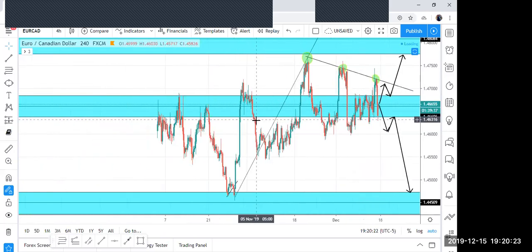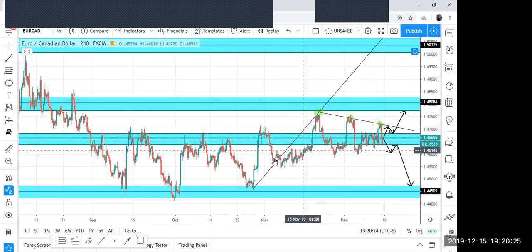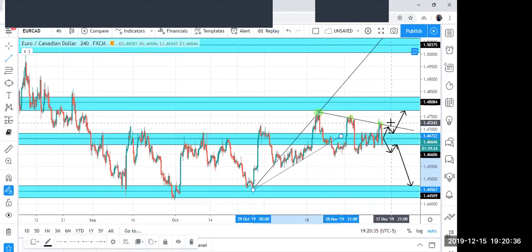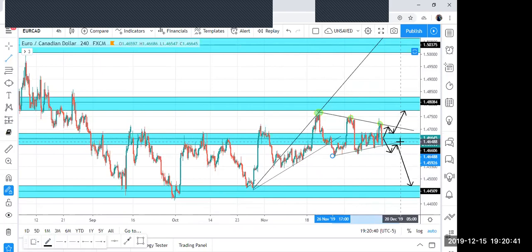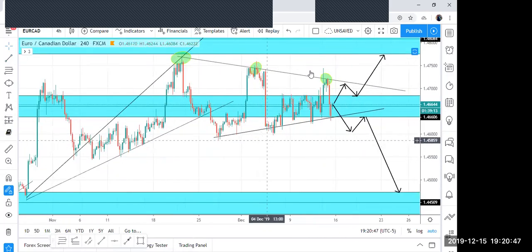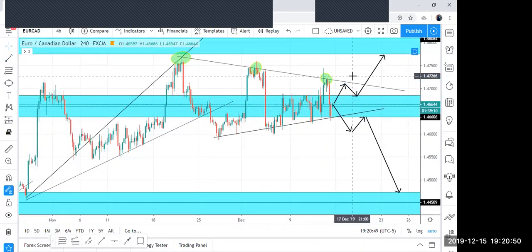So just be careful with this one. I would wait for that confirmation. I would wait for price to break and retest this trend line or this zone, either one.